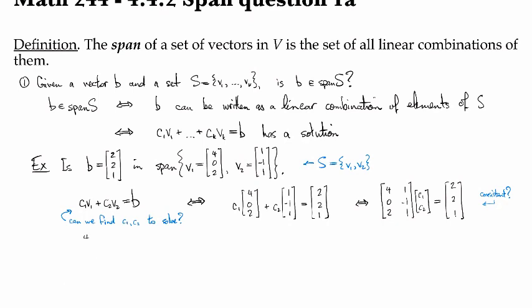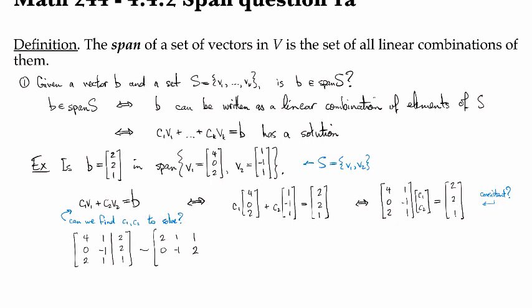So we'll take the matrix with columns 4, 0, 2 and 1, minus 1, 1, and augment with 2, 2, 1. And we row reduce. So let's see, I can swap the bottom one to the top and subtract it from the one that I just swapped. Middle row will stay the same here.